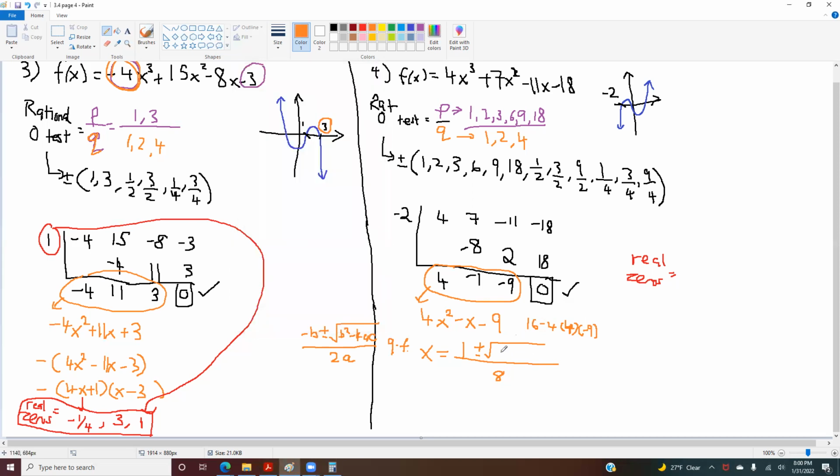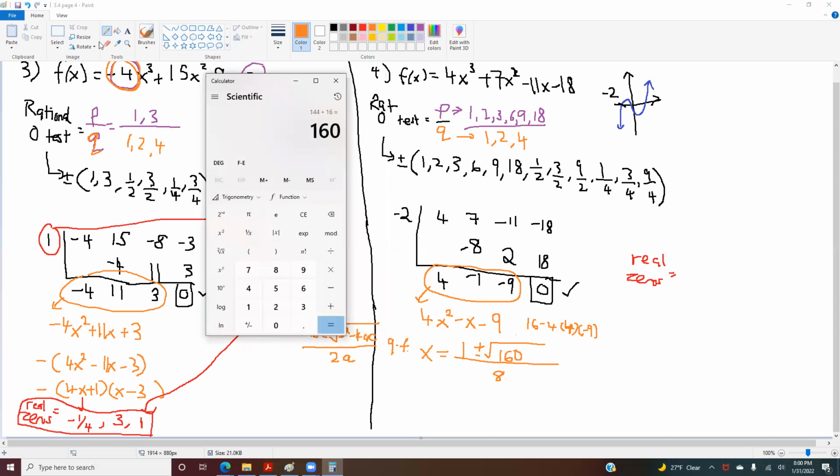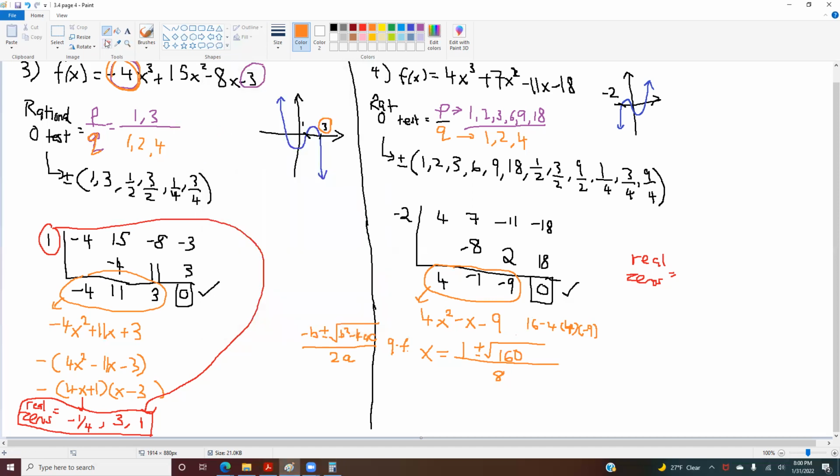So this is actually 145, not 160. It should be 1 squared, so it's 145. You're correct, Ariel. I am so sorry. I did the worst quadratic formula ever. Yep, everyone, thank you. You guys are right.